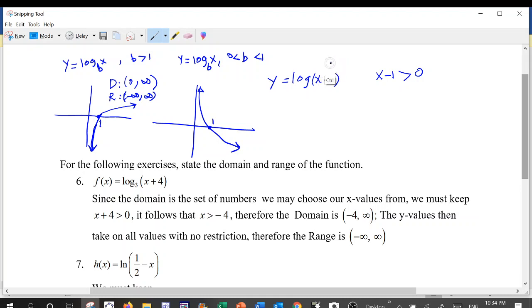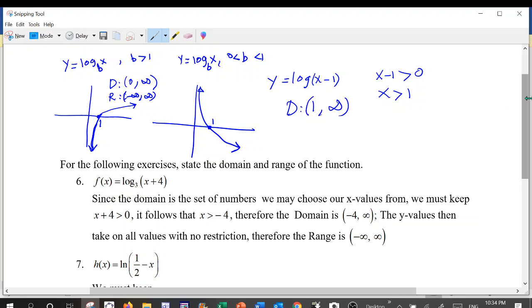Because remember that the argument of log is the output of the exponential. And the exponential, of course, is always positive, greater than 0. All right, so x minus 1 has to be greater than 0. That means x has to be greater than 1. So the domain of this is 1 to infinity, and 1 is not included.